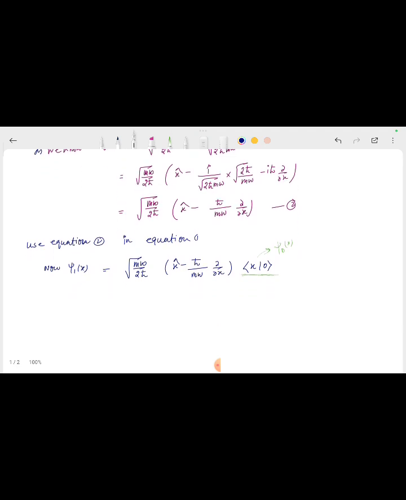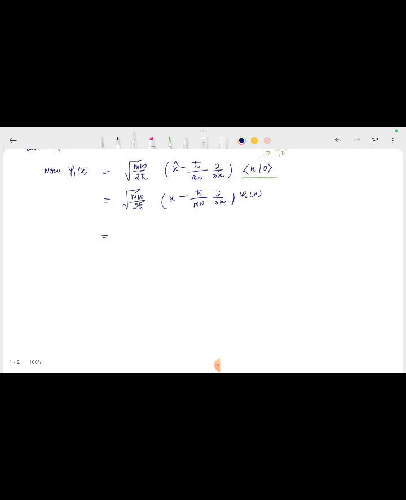We already know about that. So we get mω upon 2ħ, x cap is the position operator, and the momentum operator is minus ħ del x. We already know about that. So x minus ħ upon mω del x acting on psi 0 x.